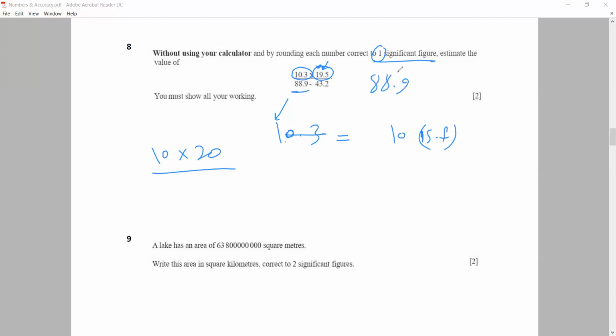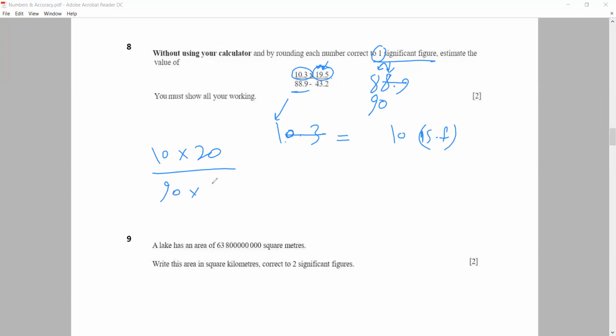Why? Well, this digit is 8, which is greater than 5, so you ignore it and you add 1 unit to the digit next to it, to its left. So that becomes 9. And when you remove this, you have to replace it by 0.